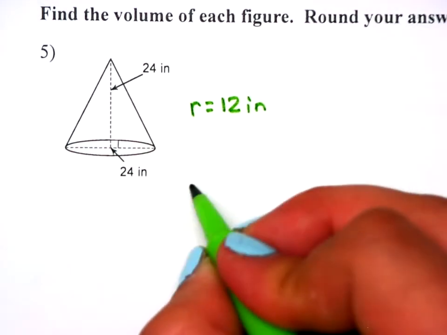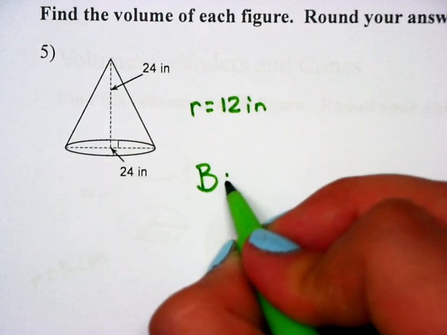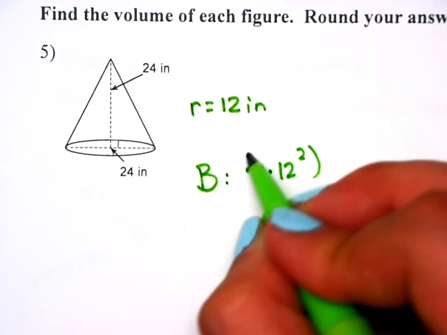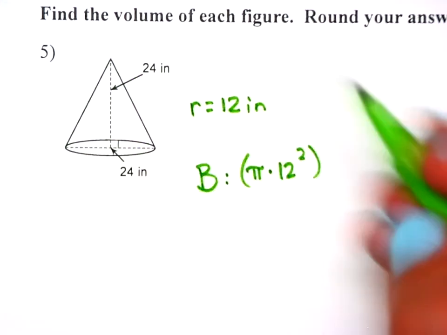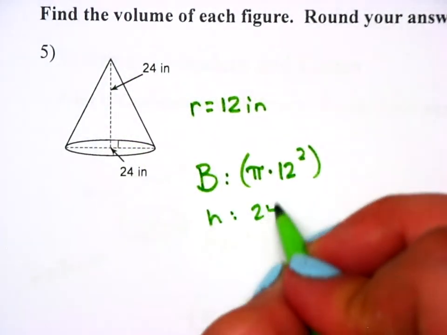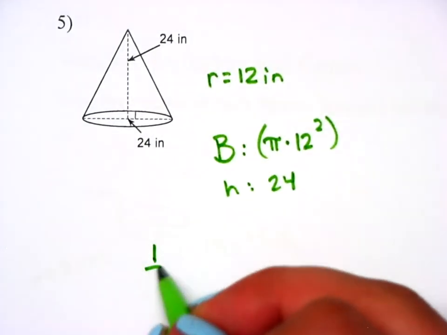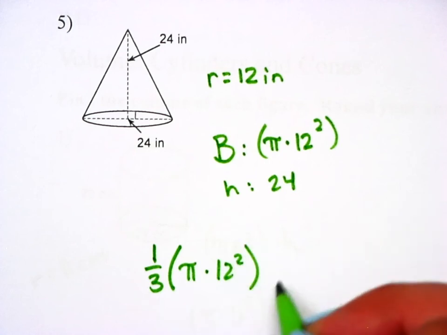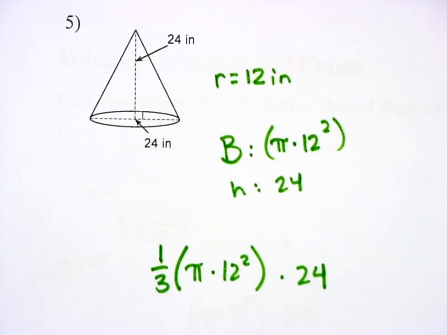Okay, so my base area, capital B, is pi r squared, right? And then the height of this object is 24. Now we can plug it into our formula. So remember, a cone is 1/3 area of the base times the height of the object. Okay, we're ready to go to our calculator.